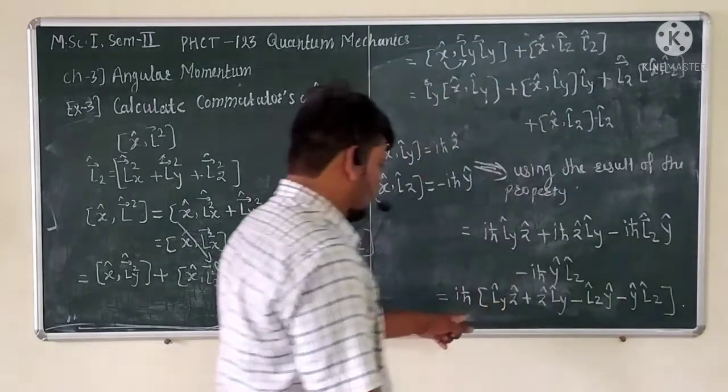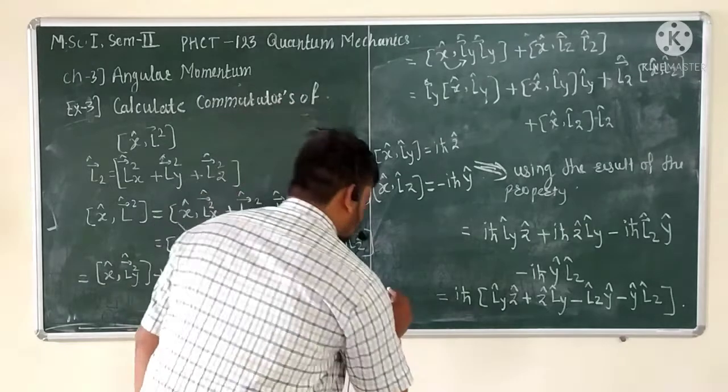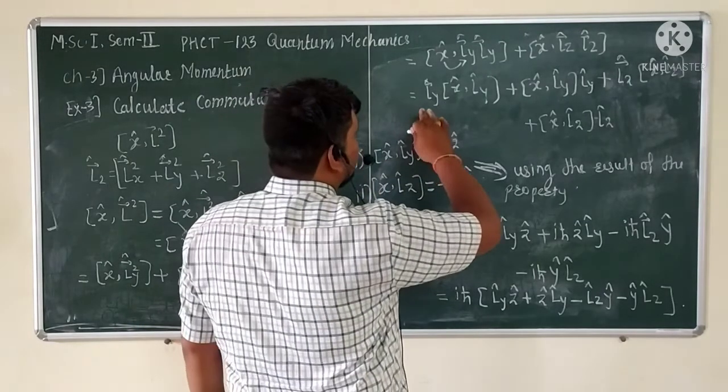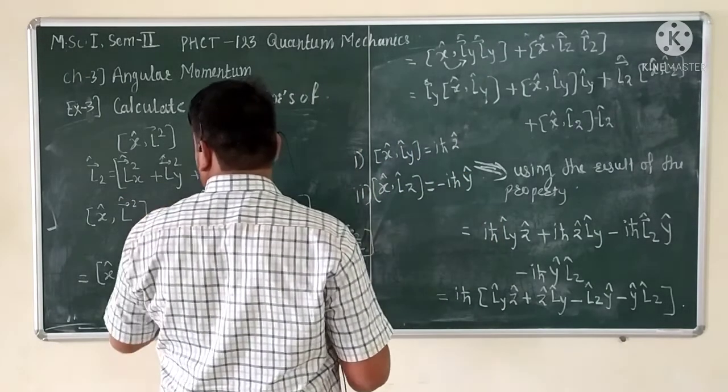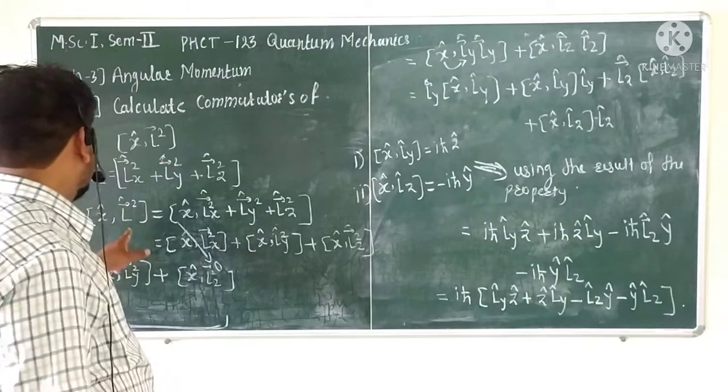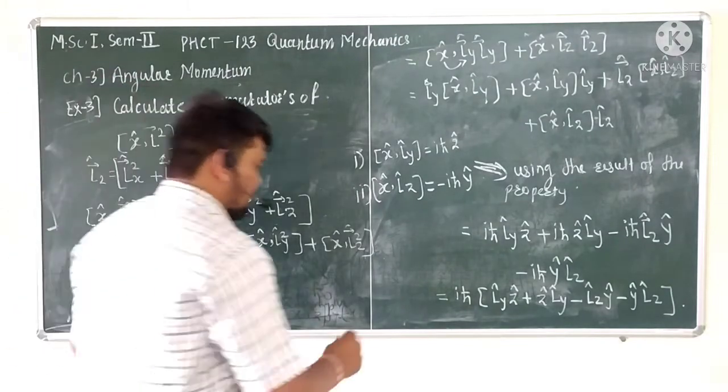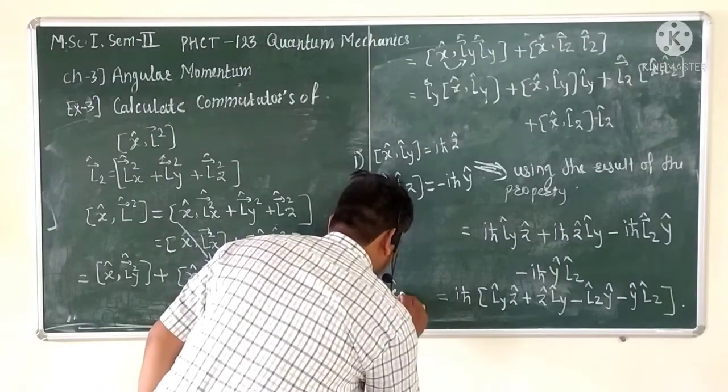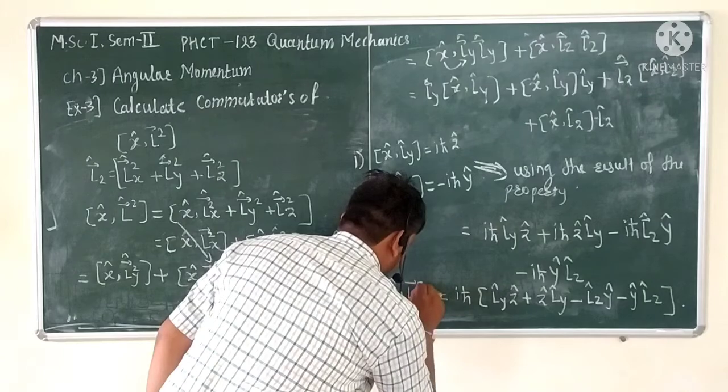So this is the final result of the identity which is given as x cap comma Ly square, or x cap comma L bar square.